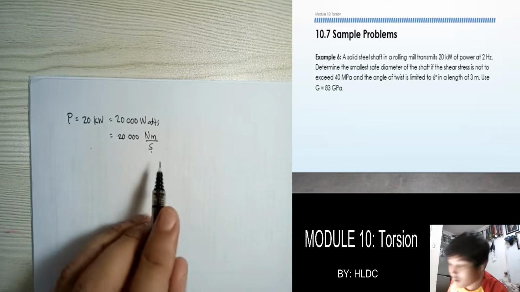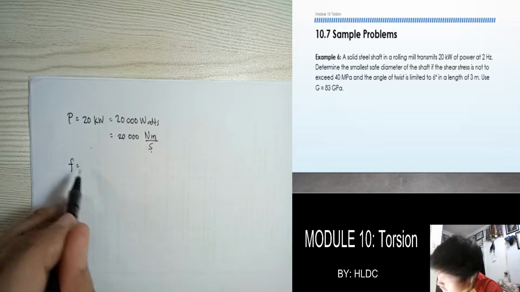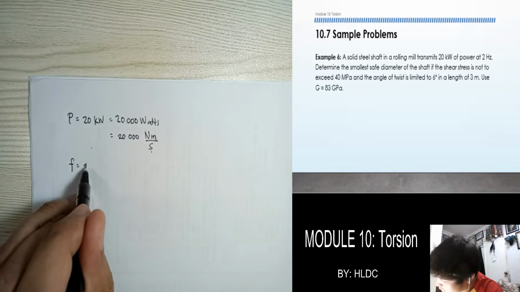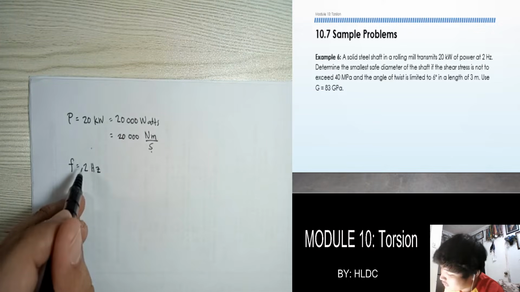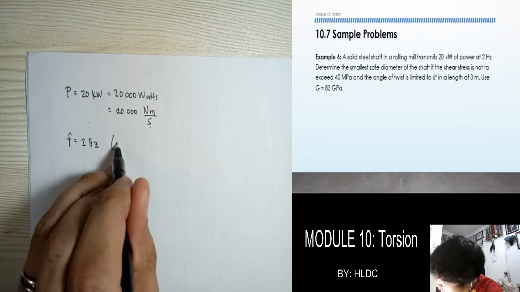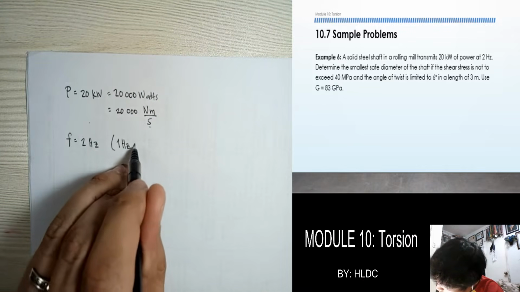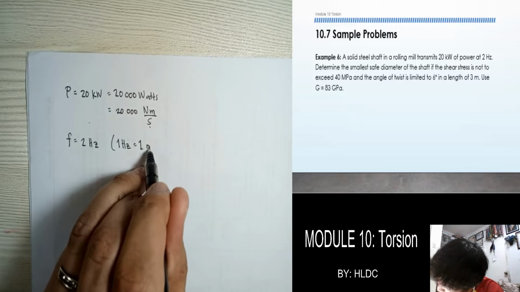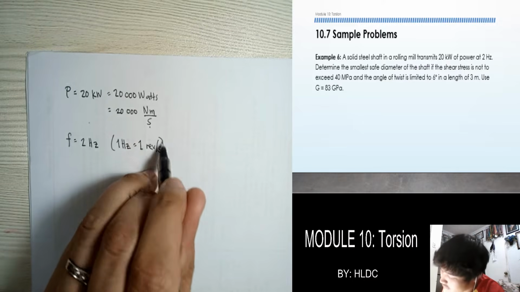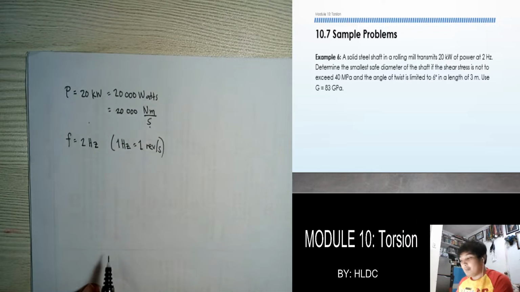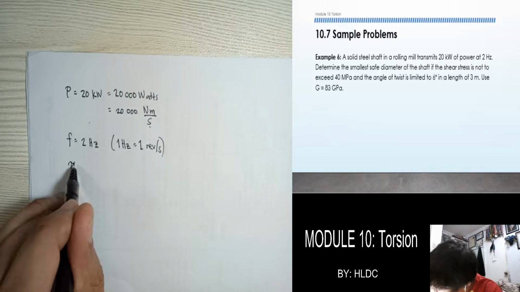And then, next, binigyan tayo ng frequency na 2 Hz. Okay? So, pakinote na lang that 1 Hz is equal sa 1 revolution per second. Okay? And then, ano pa? So, binigyan tayo ng allowable shear stress.